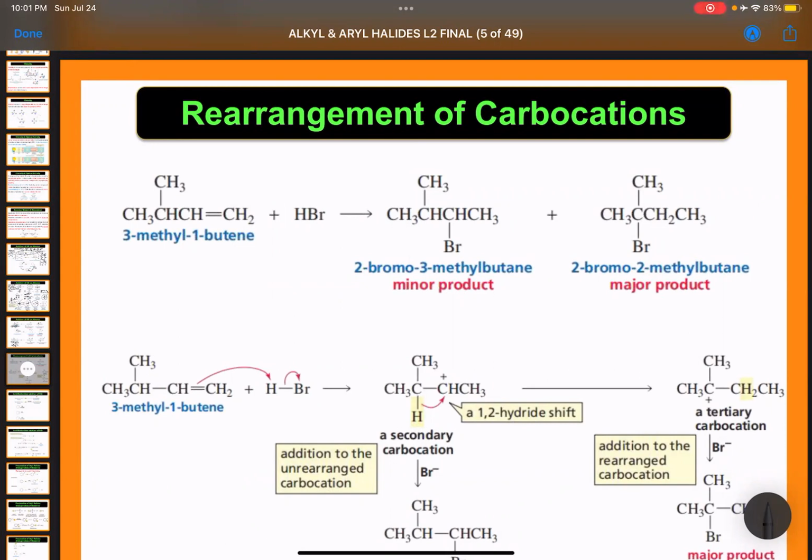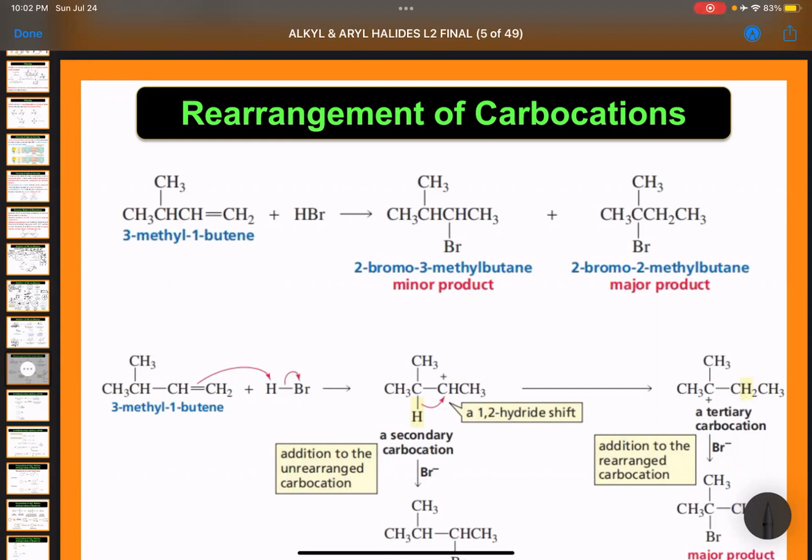So what is this rearrangement? First we need to discuss what carbocations can form, 1 degree or 2 degree. Out of the possible carbocations, we made a stable carbocation.